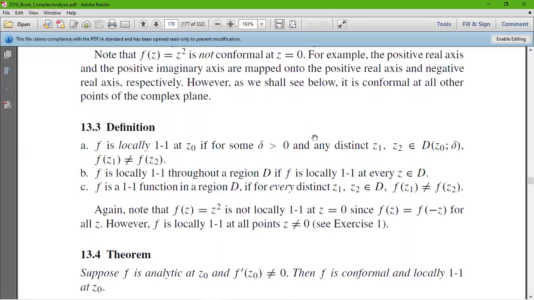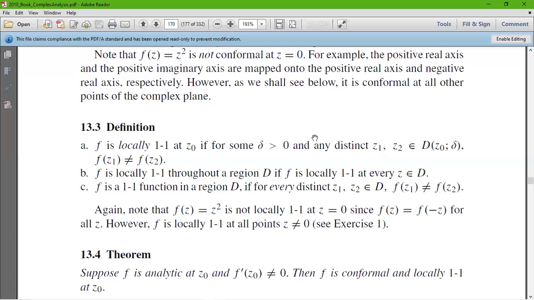For a complex valued function, f is locally one-to-one at z0 if for some delta greater than 0 and any distinct z1 and z2 belonging to D of z0 delta, that means the delta neighborhood of z0, f of z1 is not equal to f of z2.